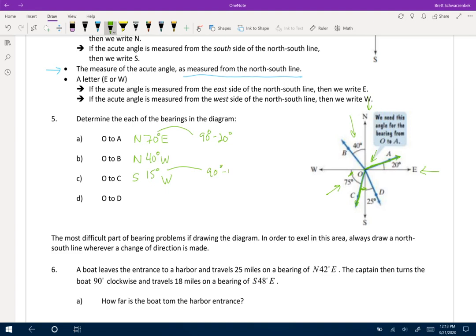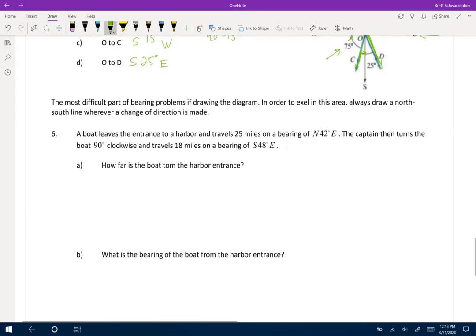And finally, in the last quadrant, going from O to D, we're looking at the southeast quadrant, and we clearly see that the 25 is the number being measured to the north-south line.